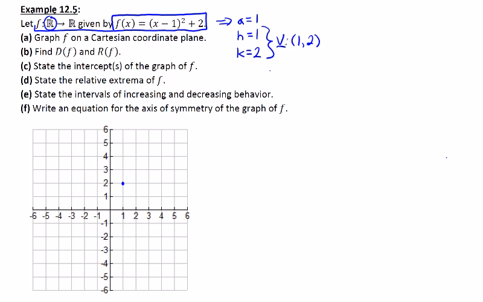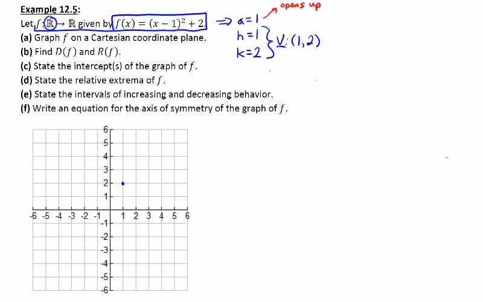Then I look at the value of a, and the value of a is going to tell me two things. Number one, my parabola is going to open up because that's a positive value.